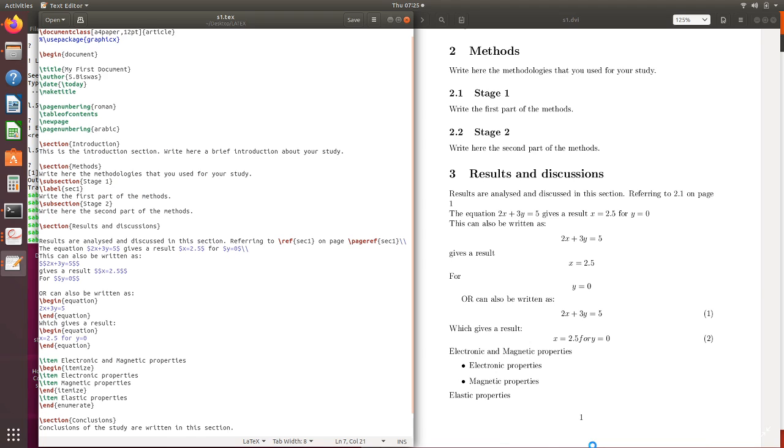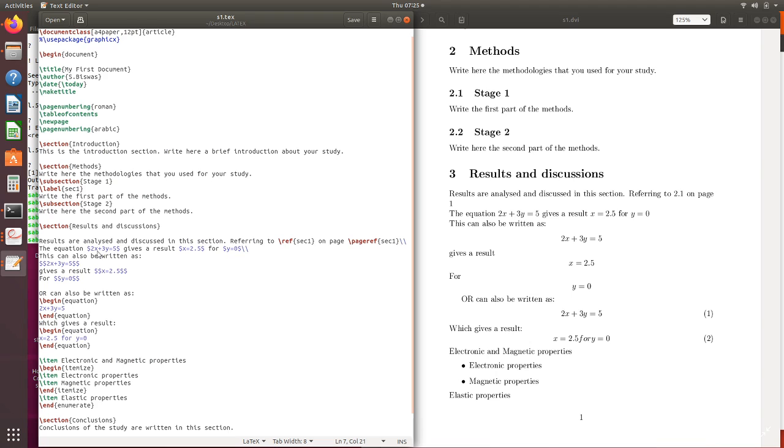Now we wish to write an equation, so let us concentrate on this area, where we have discussed how to write an equation in your LaTeX document. If you wish to write an equation within a sentence, you have to use dollar signs. The equation should be enclosed by two dollar signs.